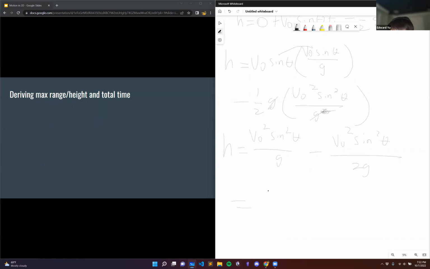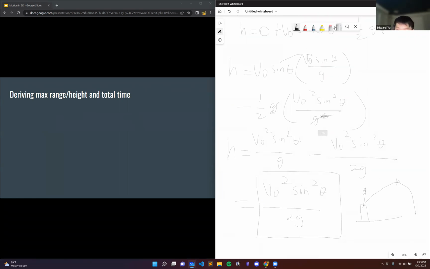So that would just be equal to v squared sine squared theta over 2g as well. So the max height is equal to this. You would find the max height of anything if theta was equal to 90 degrees, which makes sense, because if you're pointing it straight up, then it would obviously go the max height compared to shooting it like this.